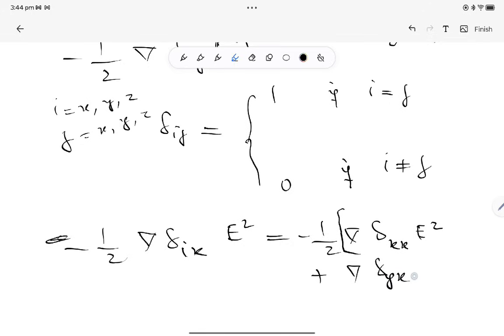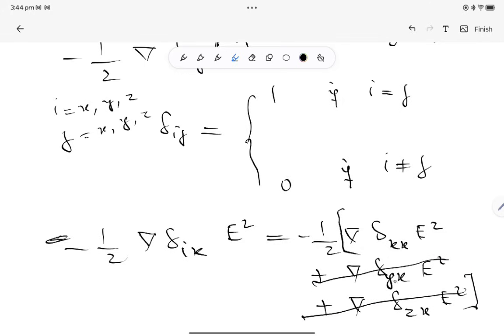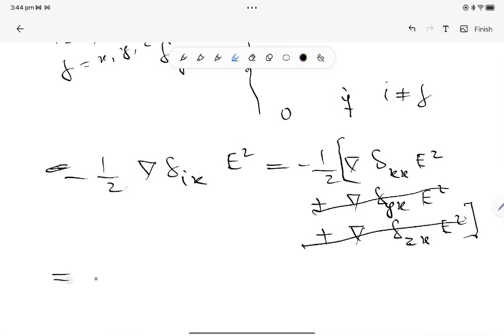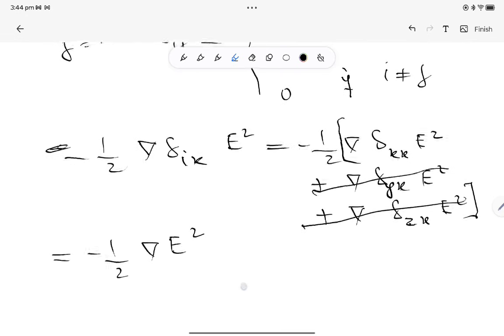This j will remain constant. e square plus delta zx e square. You know this term will vanish, because in this term i, j are not equal. So this value will be 0, this value will be 0, this value will be 1. You are left with simply minus 1 by 2 del e squared.